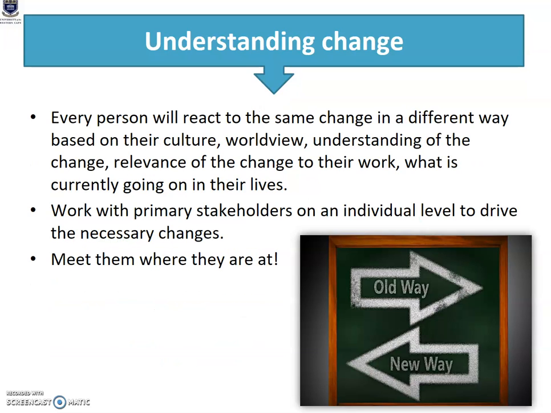Understanding change. Every person will react to change in a different way based on culture, understanding. Let's look at primarily working with primary stakeholders on individual levels to drive the necessary change, and we should meet them where they are.